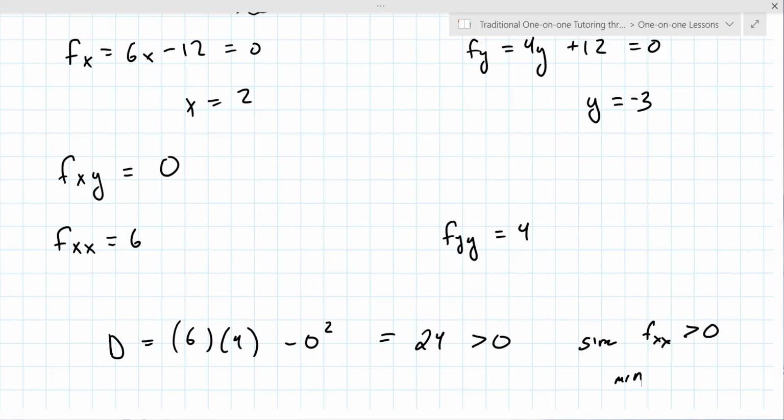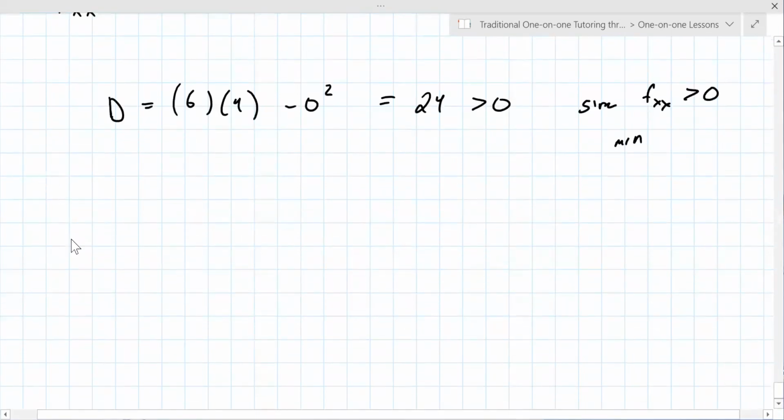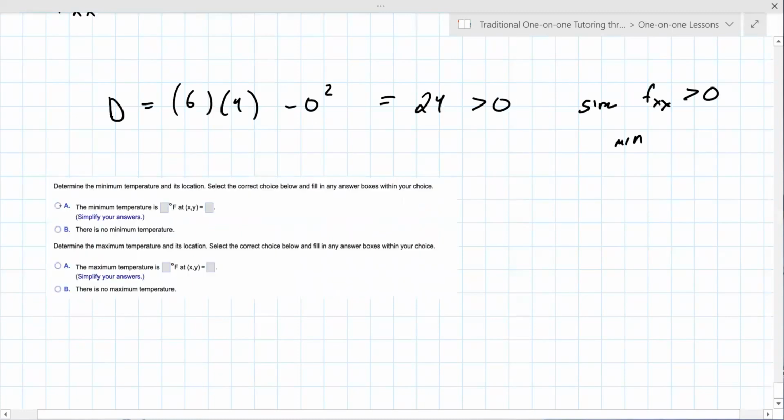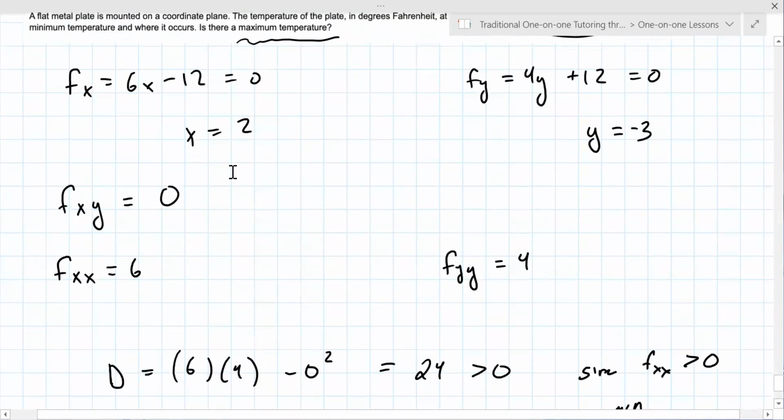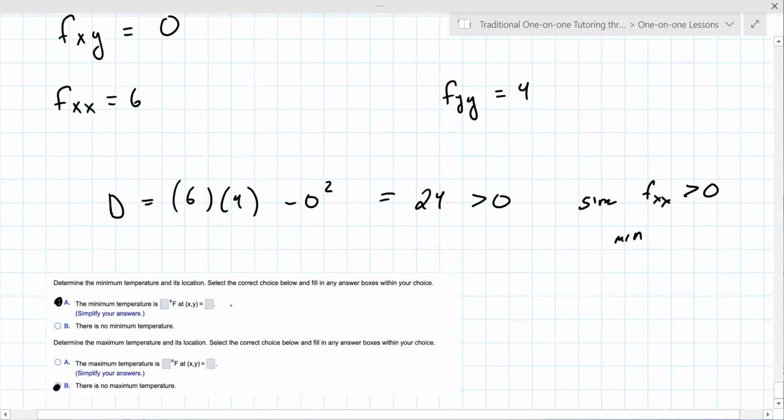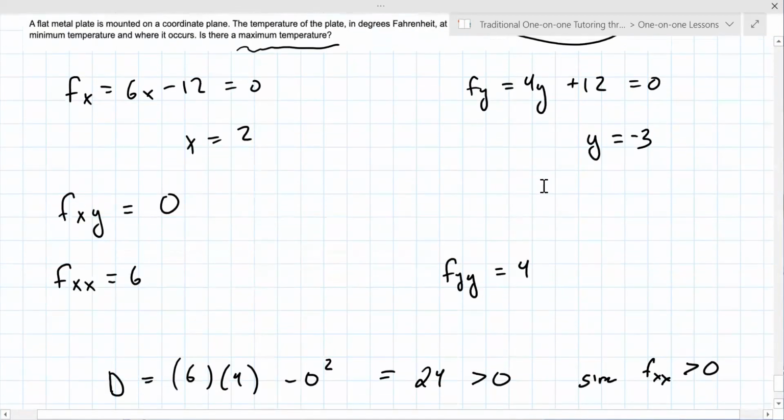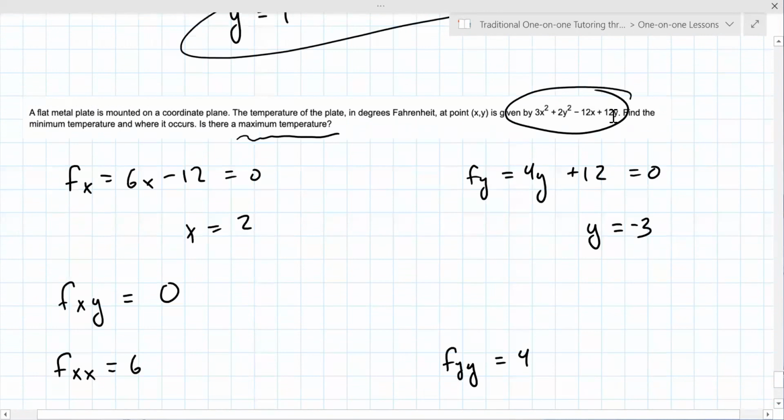So now we got to go and calculate that min. But the answer here is, go grab the actual picture, it has a min. There is no max. It occurs at 2, -3. Is that right? Is it really negative? And then you plug those back into the original function. So let's do that.